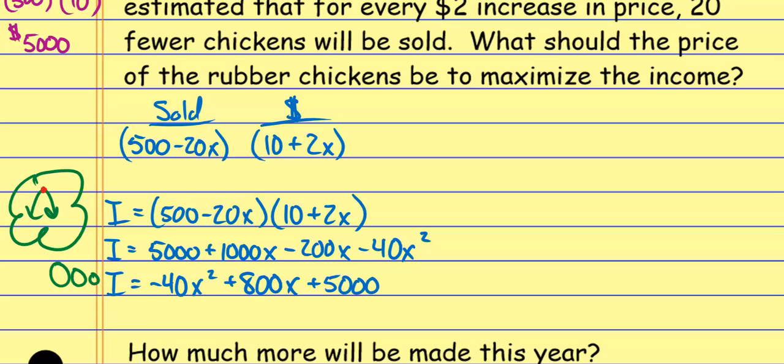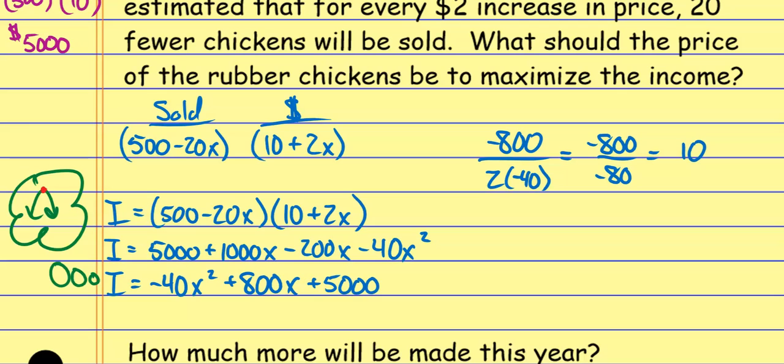And so to find the vertex of this one, I do opposite of b over 2a. That's a negative 800 over 2 times a negative 40. So let's see, that's negative 800 over a negative 80. And so when I reduce this, it looks like I get a 10. So it's saying x should be 10.